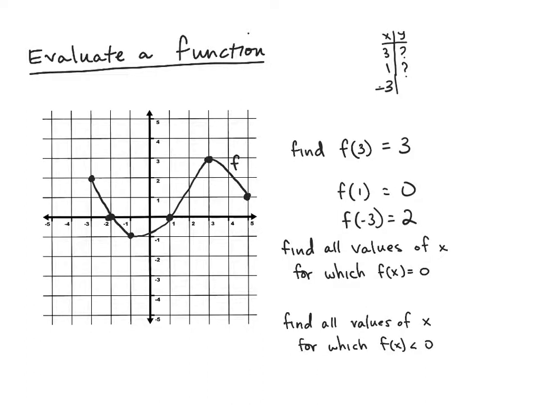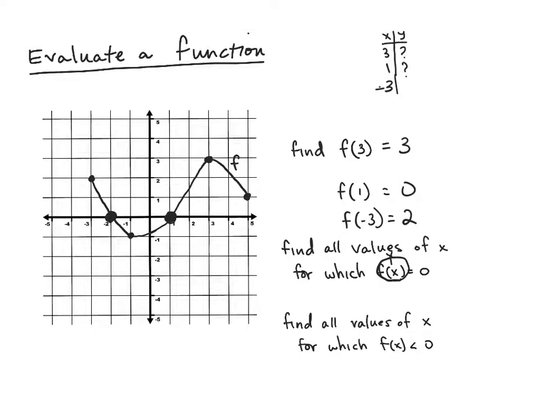Transferring to a graph, sometimes it's easier for students to think, all right, f of x is really the same thing as y values. So find all values of x that have y values of 0. That's essentially what this is asking. Find all points on the graph that have y values of 0 and then give those x values. So here we have a y value of 0, and here we have a y value of 0.